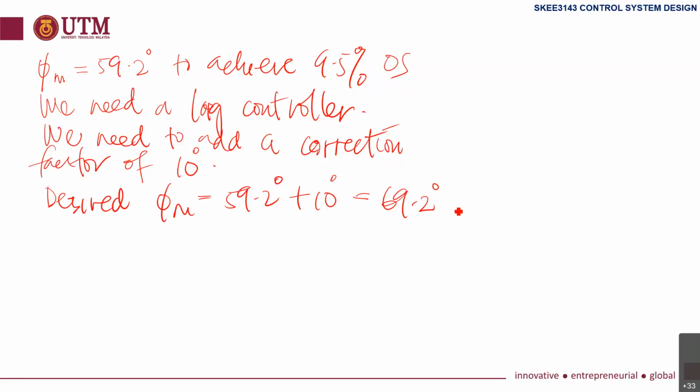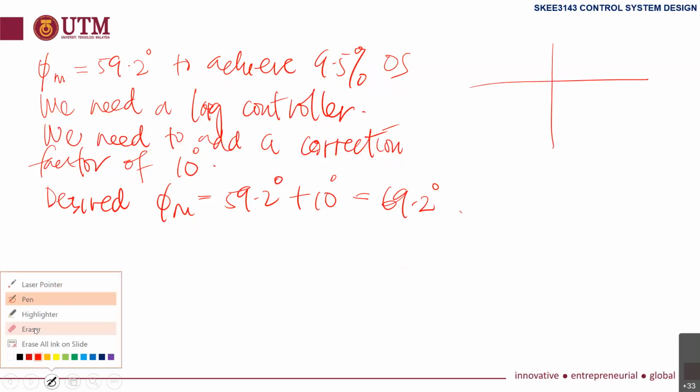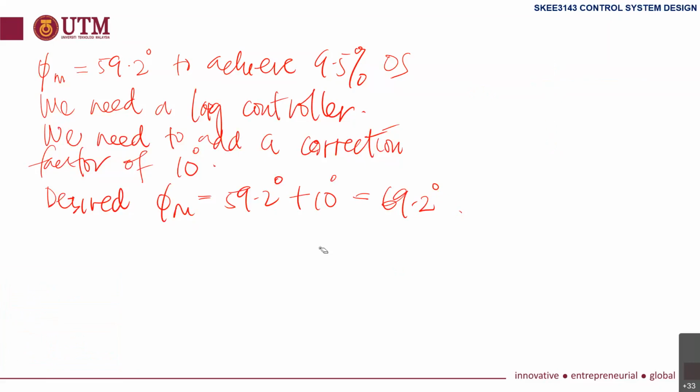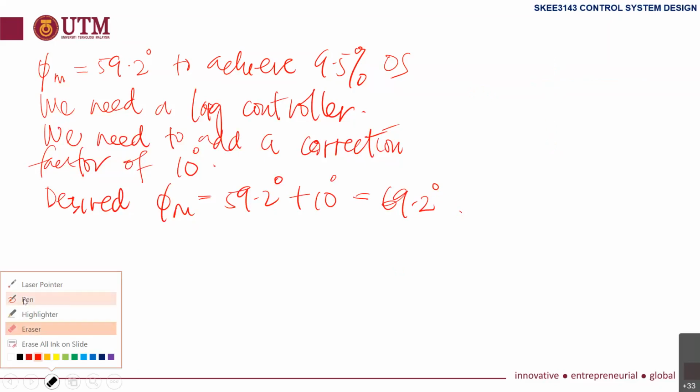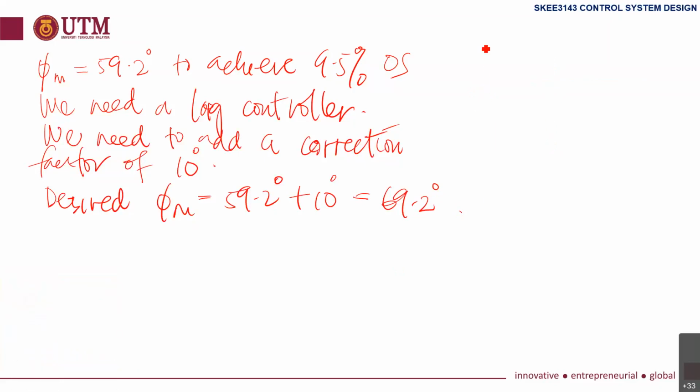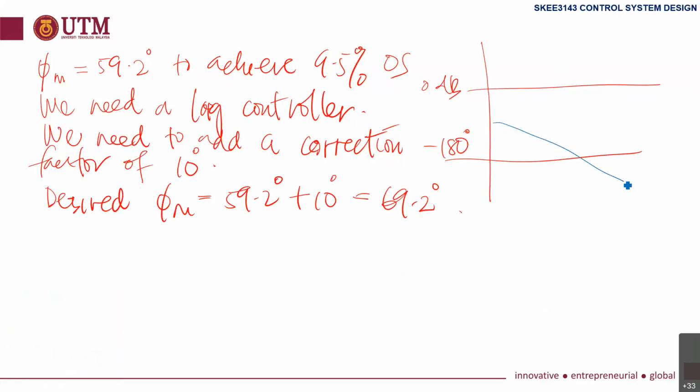So 69.2 meaning here, if we plot 0 dB, 180 degrees. We want 69, that means here 100, about 110.